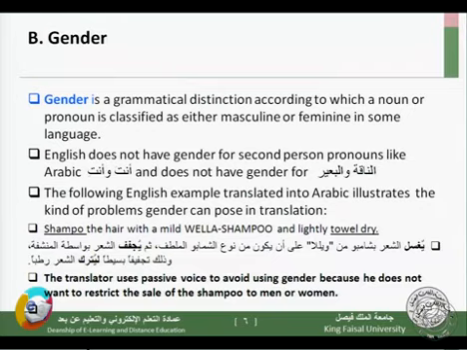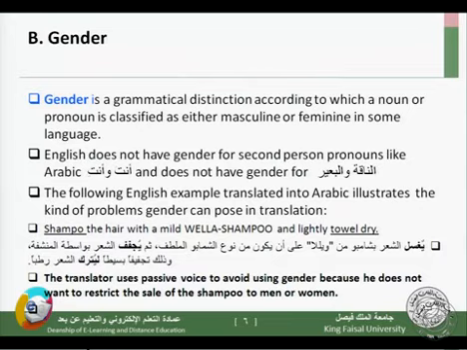You Ahmad is a good student. But in Arabic, أنت يا أحمد طالب مجتهد. أنت يا بتول طالبة مجتهدة. You see the difference. So gender is very important.